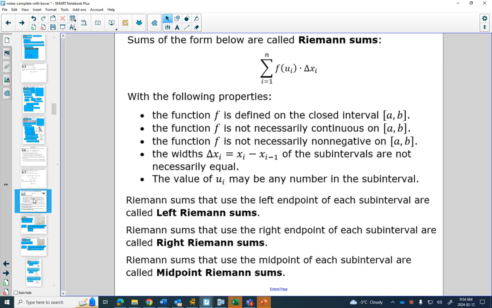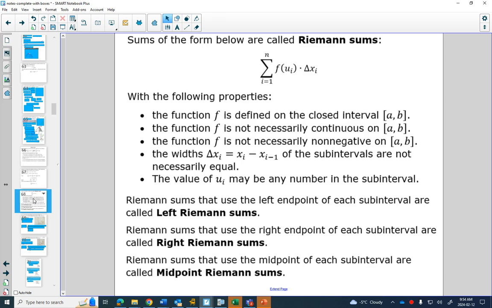Same property, we have the function defined on the closed interval. But what Riemann was able to do is it doesn't necessarily have to be continuous, and it doesn't necessarily have to be always positive. And you don't necessarily even need to make all of your widths of your rectangles the same width.